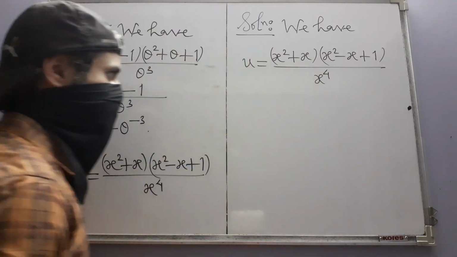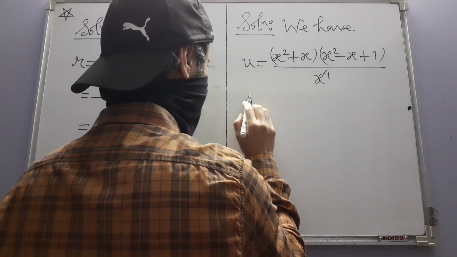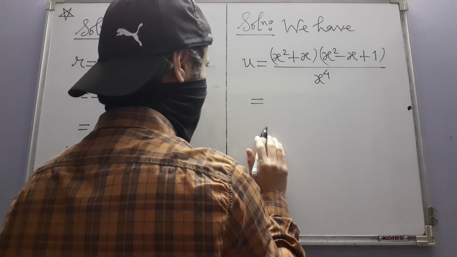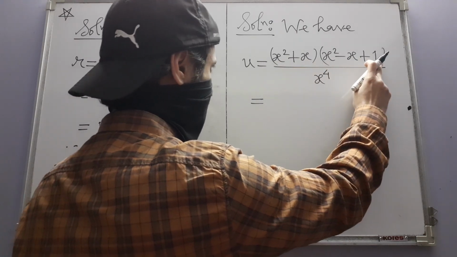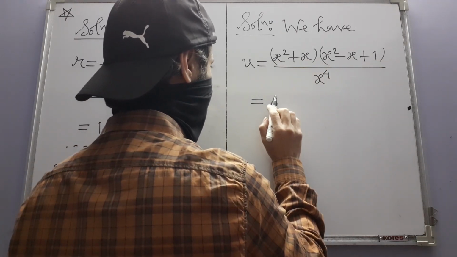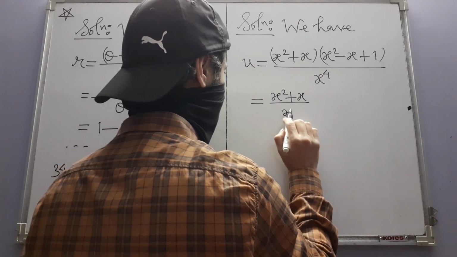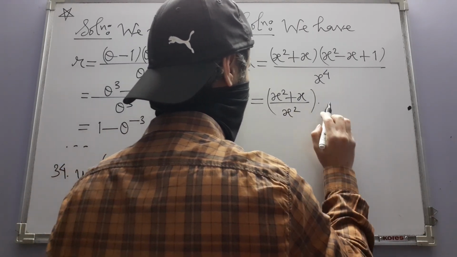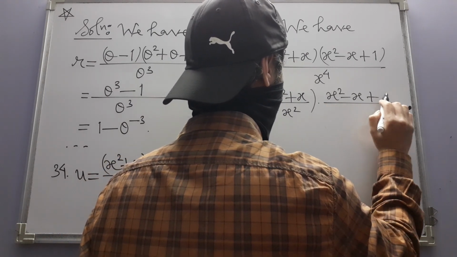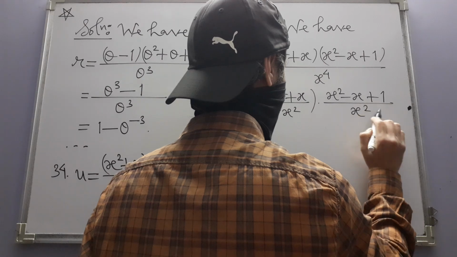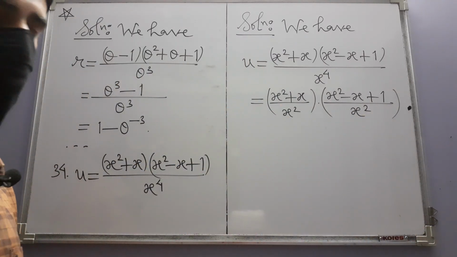You can apply the quotient rule, product rule, but it will be very long. x to the power 4. You can do several things here. What I feel will be nice is to divide this by x squared and this also by x squared. That is, I am talking about this, because the denominator is the fourth power of x.